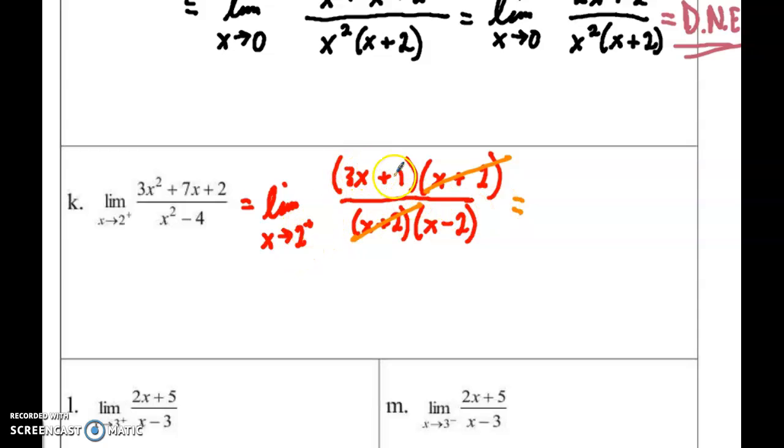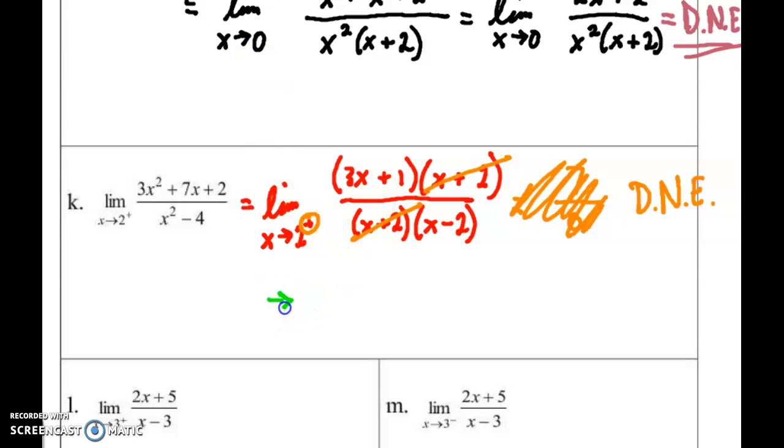So 3 times 2 is 6, plus 1 is 7 on top. Let's see, we get a 0 on bottom, so this is our clue that it's going to be it does not exist. So you don't want to write that it equals that because that's not true. But now that we have from the right side, we can approximate, we can state the behavior.